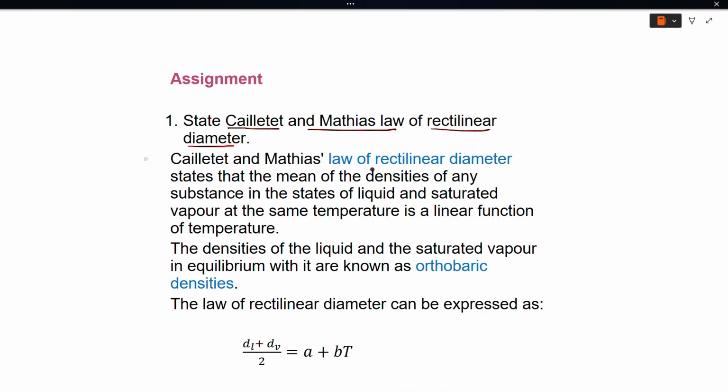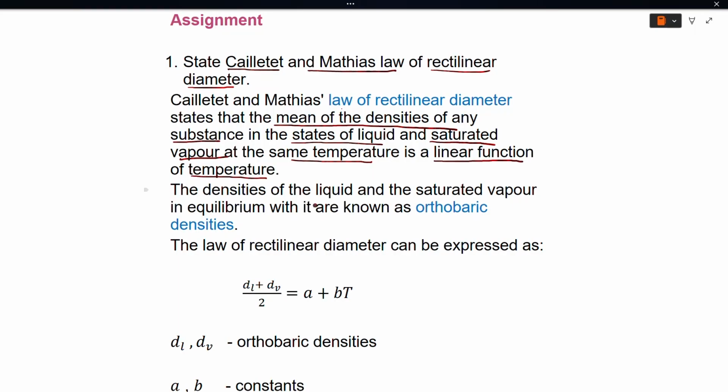Here Cailletet and Mathias law of rectilinear diameters states that the mean of densities of any substance in the states of liquid and saturated vapor at the same temperature is a linear function of the temperature.